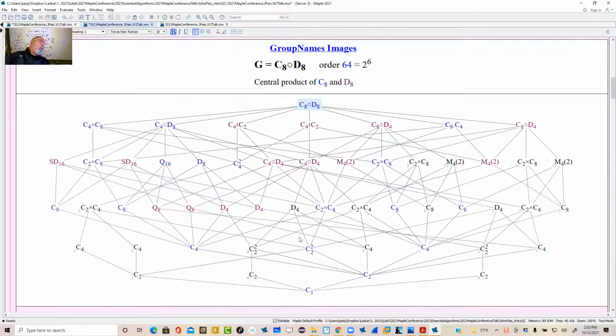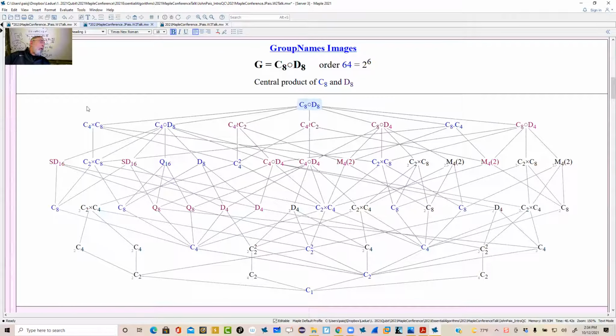In terms of this worksheet, all the ones below are subgroups of this super group. We have 5 different groups of order 32 that are subgroups of this group, which is order 64. And we have 7 different groups of order 16 that are subgroups. Those are all the ones I've included here, some version of them.